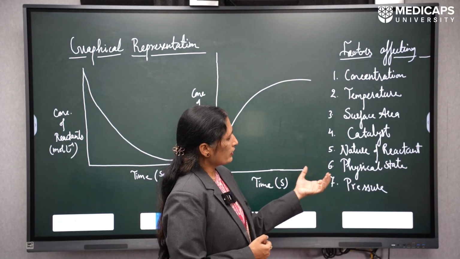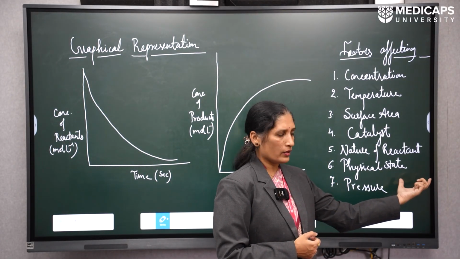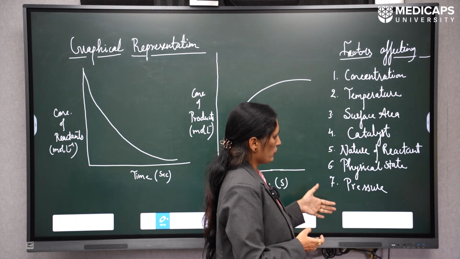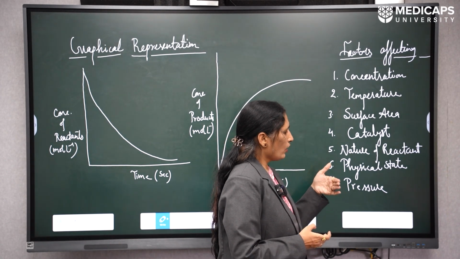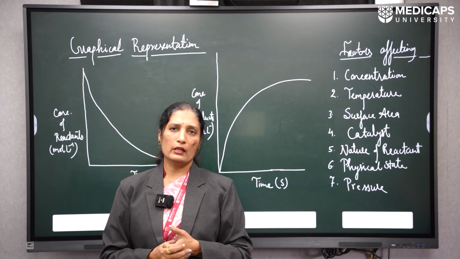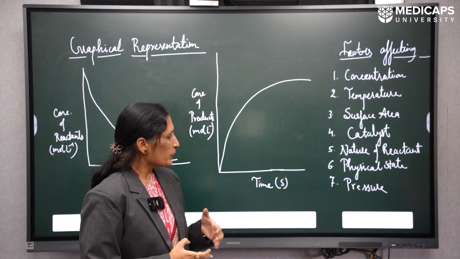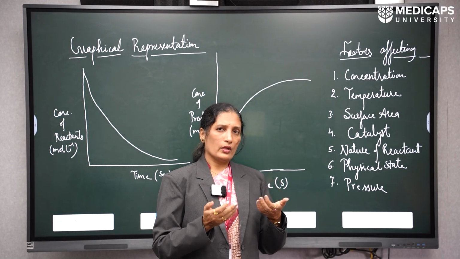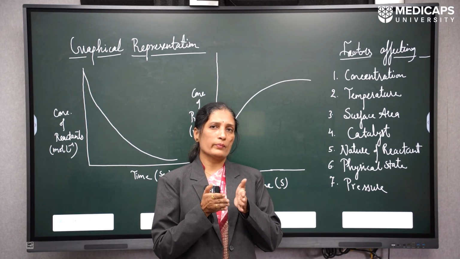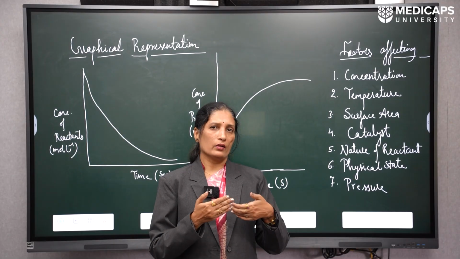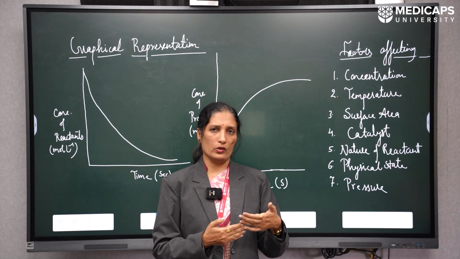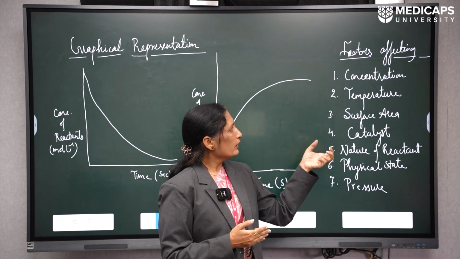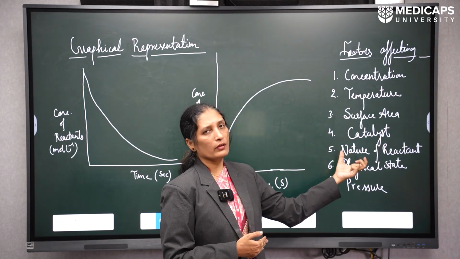Then comes the physical state, again solid, liquid and gaseous. Then the pressure. On increasing the pressure, the rate of reaction increases, especially for gaseous molecules. As the pressure increases, gaseous molecules come closer and the concentration increases, and in that case the rate of reaction increases.